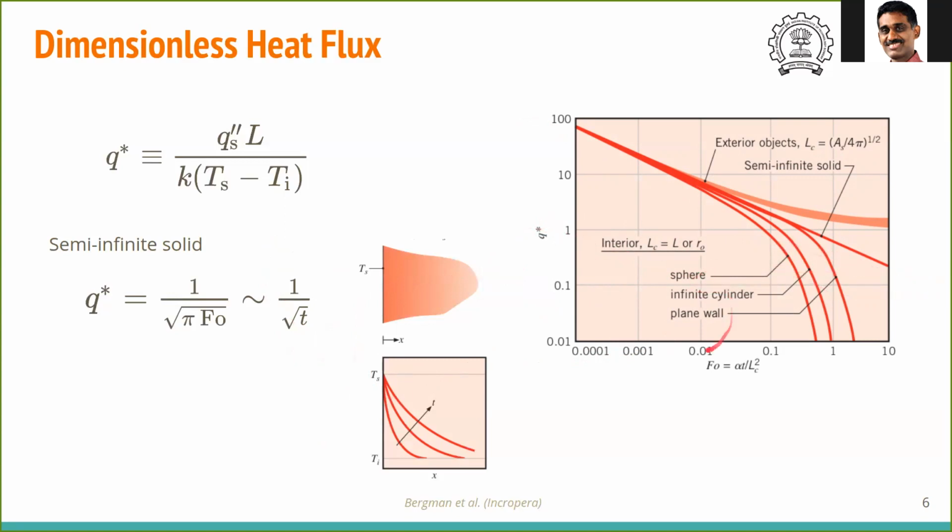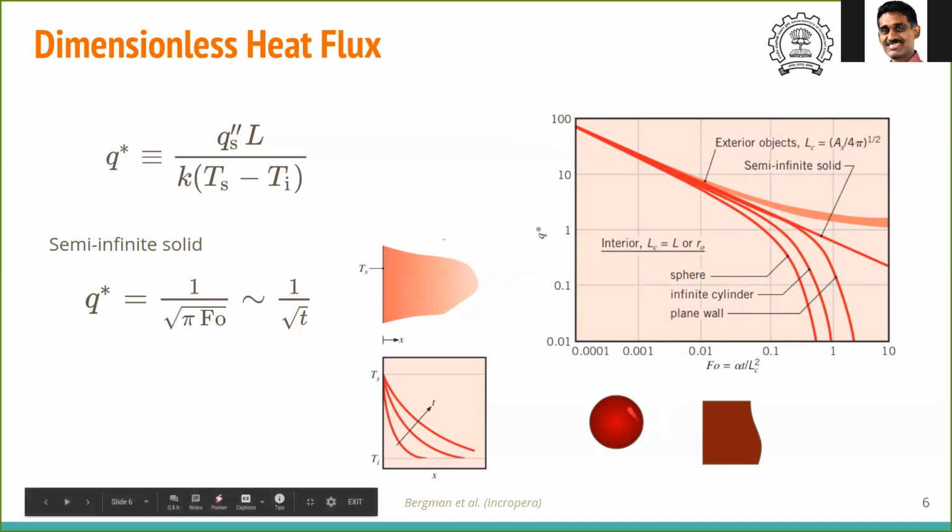Now compare other shapes: solid sphere, infinite cylinder, plane wall. All of them initially are the same as 1 by square root of t, but then suddenly they dip, right? Let's understand this quickly. Why does every shape, irrespective of their shape, have the same behavior? Let us compare a sphere with a semi-infinite wall. At very small times, you are subjecting the outside to some Ts, inside is Ti.